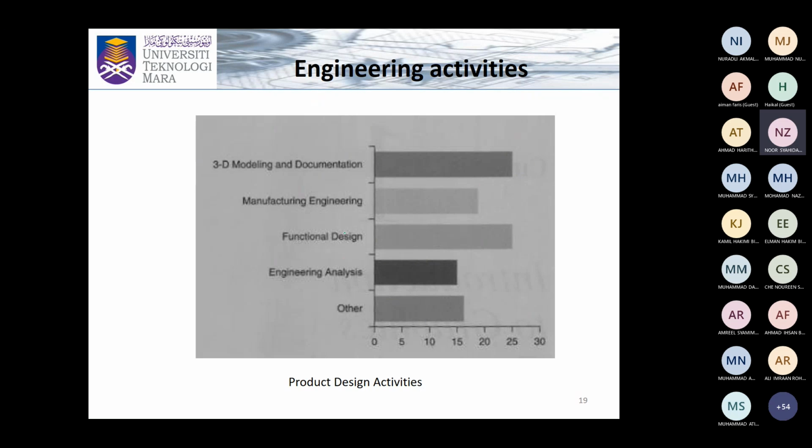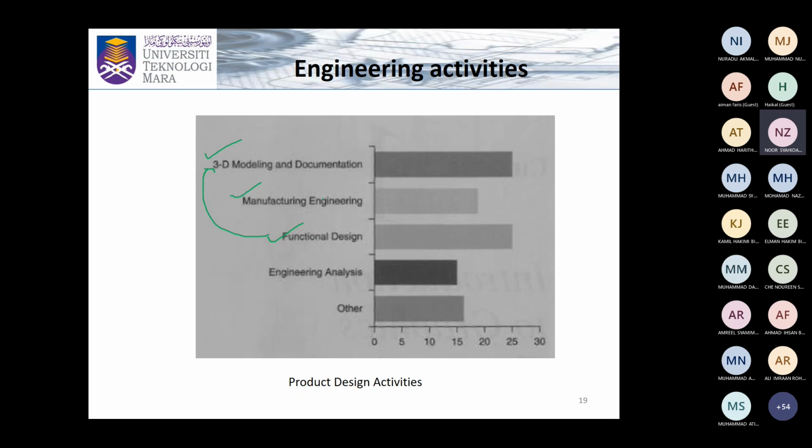Now, engineering activities, the slide. Engineering activities are in general divided into 3D modeling and documentation, manufacturing engineering, functional design, which is linked to 3D modeling. When you're modeling something, we want to ensure that your design is functional. We don't want to model something where your design is not functional.